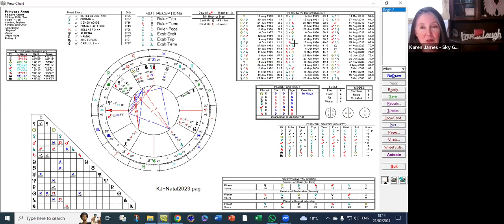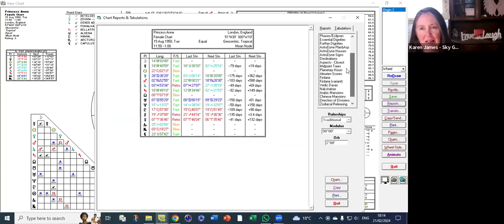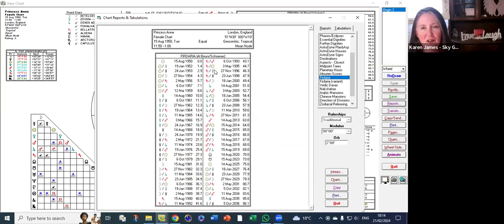So how do we use this? Just to show you, if you don't have this on your natal chart, you can go to reports, and you can go to tabulations, and then you'll see there's Firdaria, Al-Biruni, and Schoener. Schoener was a German astrologer from about the 1600s, as far as I can recall.